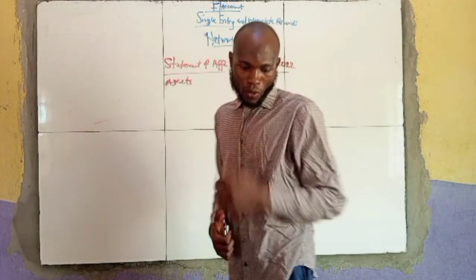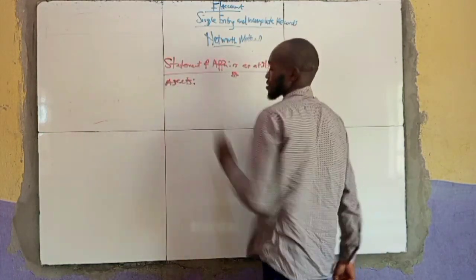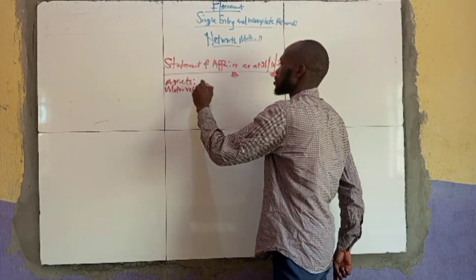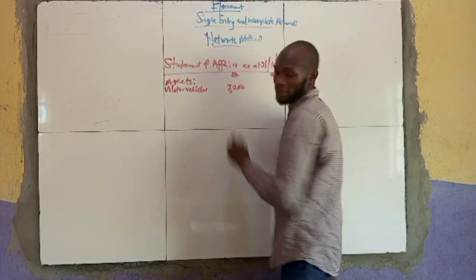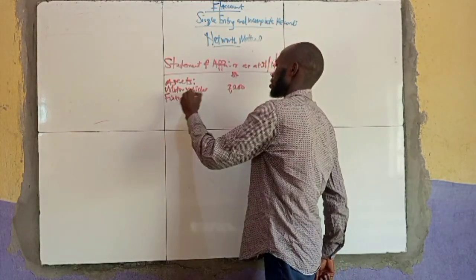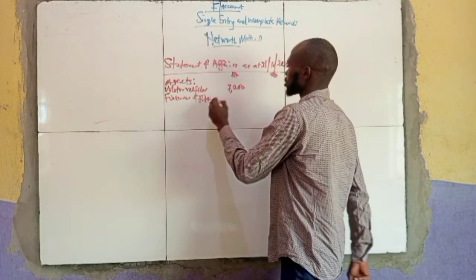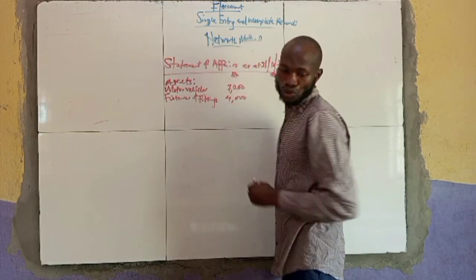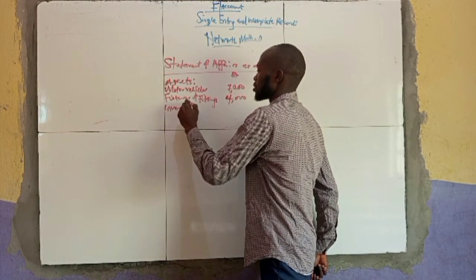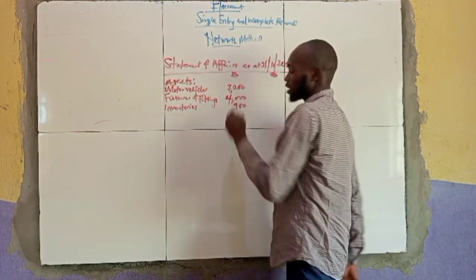So, we start from assets. Starting with motor vehicles, 7,200. Fixtures and fittings, which is 4,000 naira. Inventories, also referred to as stock, 900.